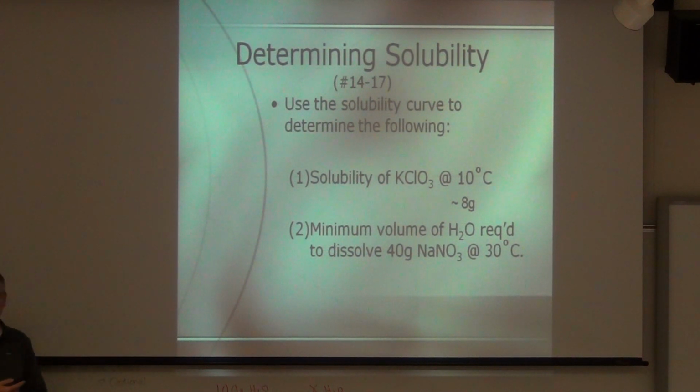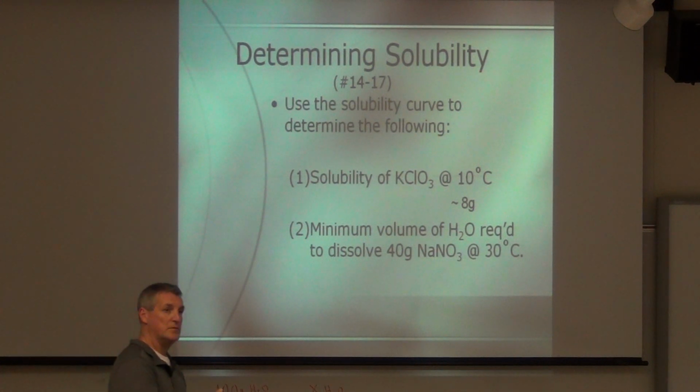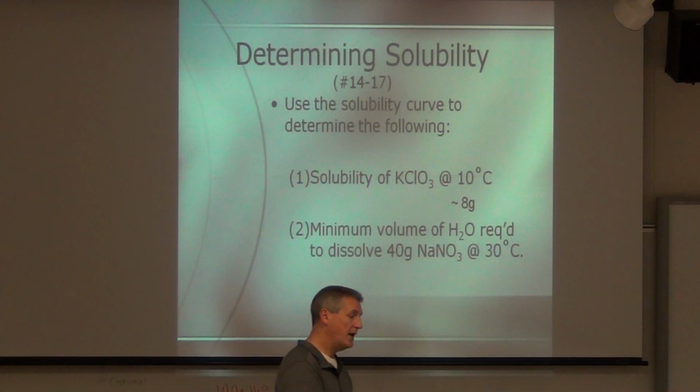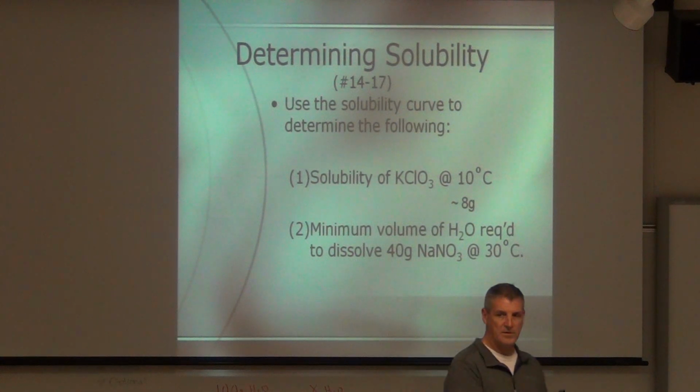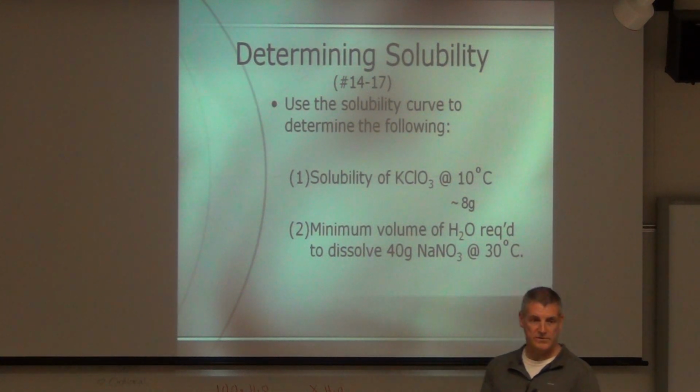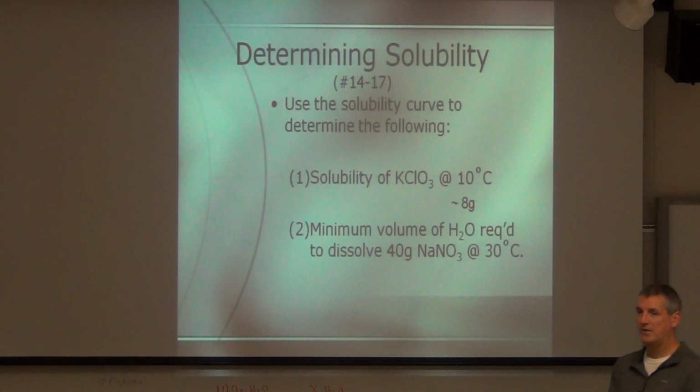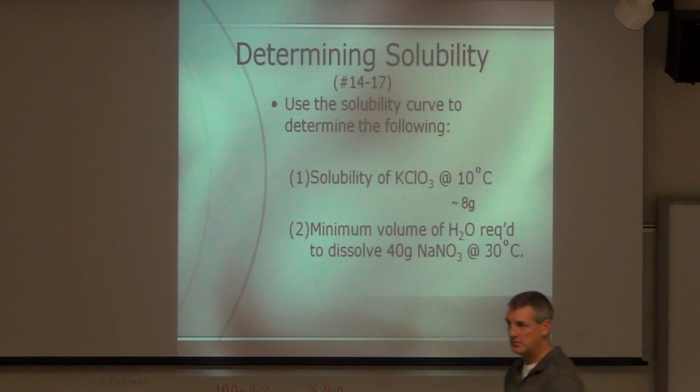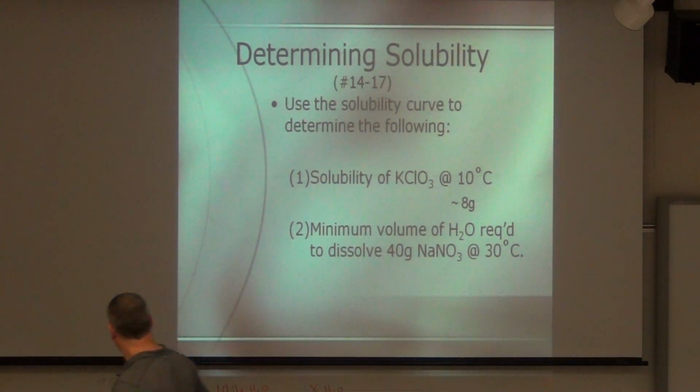we're going to be able to dissolve twice as much solute. So from your table, you should be able to determine how much sodium nitrate can be dissolved in 100 grams of water, which, if you look at it like I look at it, is about 95 grams. So for every 100 grams of water, we can get 95 grams of sodium nitrate.